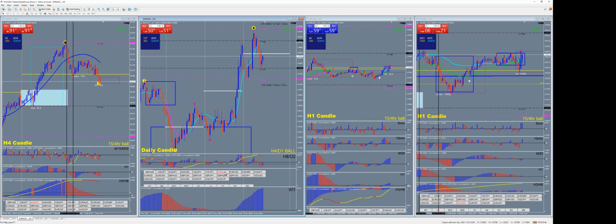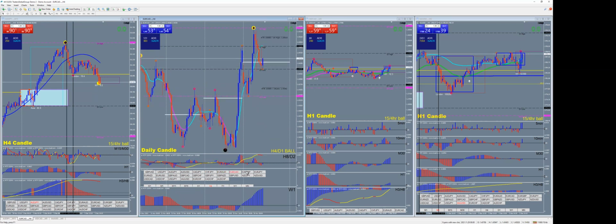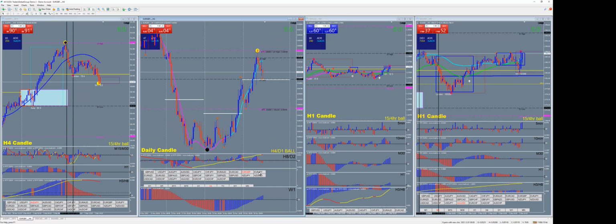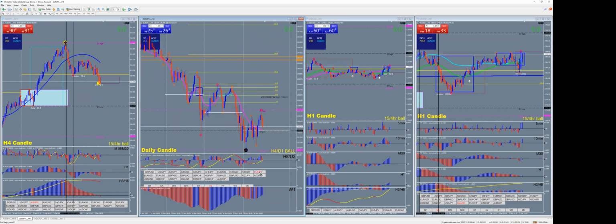Euro Aussie, retracement to go up on a 1-ball retracement. Euro CAD, same thing. Looks like all the euro pairs are retracing to the upside, except for the euro yen.